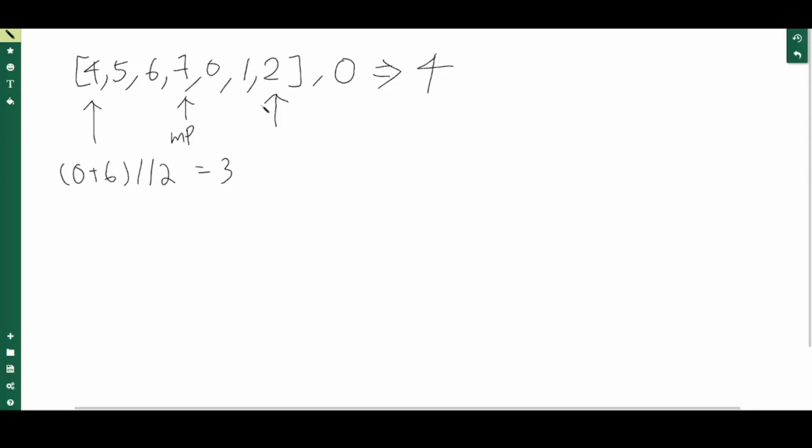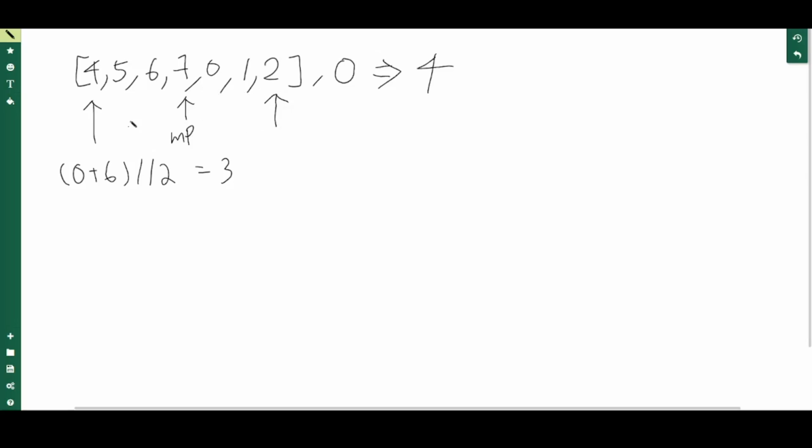Now, we want to perform binary search on this array, but if we use the right part of it, we cannot perform an accurate binary search because that part is not sorted. 7, 0, 1, 2 is not a sorted array.